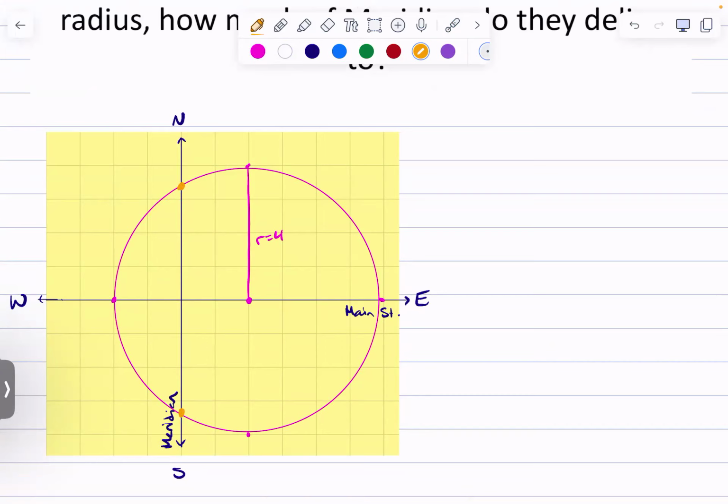I'll do a highlight here, maybe an orangey color. So this is what we want to solve, right? That stretch. To find that length, it might be nice to know what these 2 points are. And so we need the points of intersection.